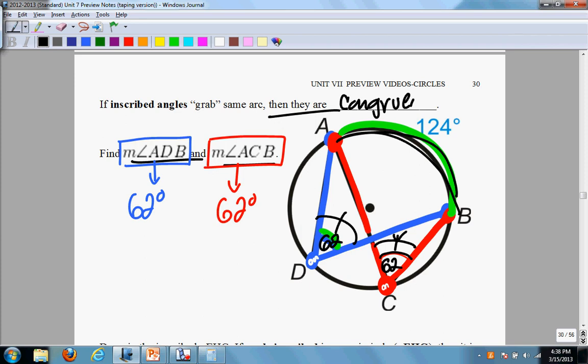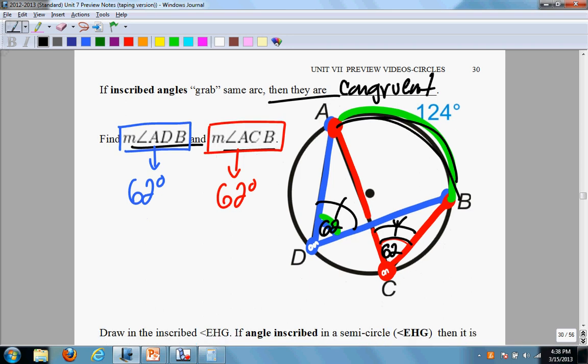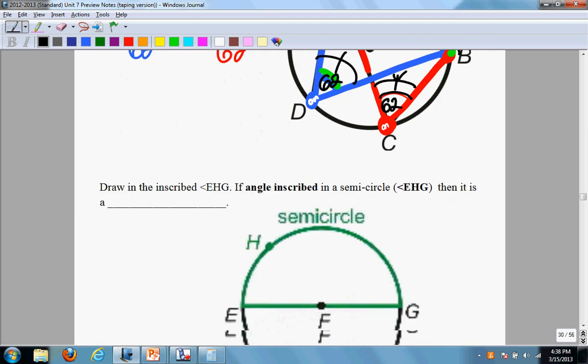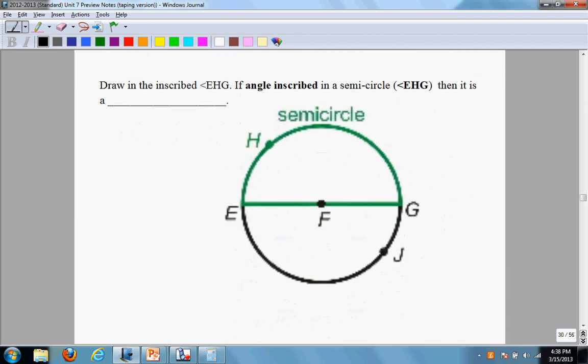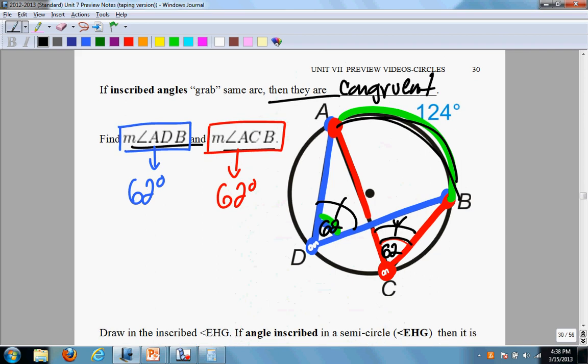So if inscribed angles grab the same arc, it's automatically congruent. Okay, that's one property. So if two inscribed angles grab the same arc, they're congruent.